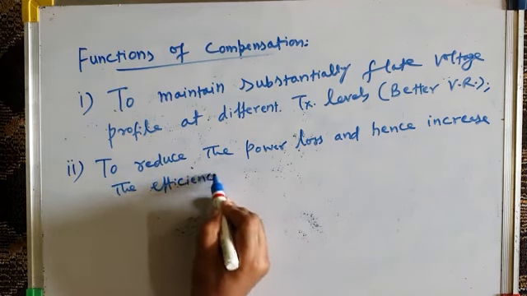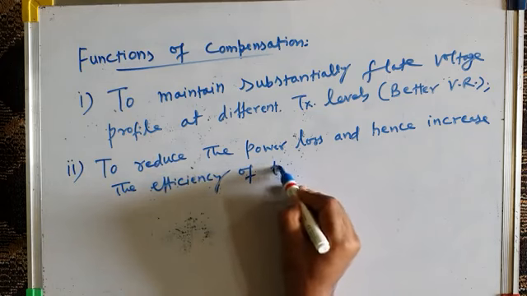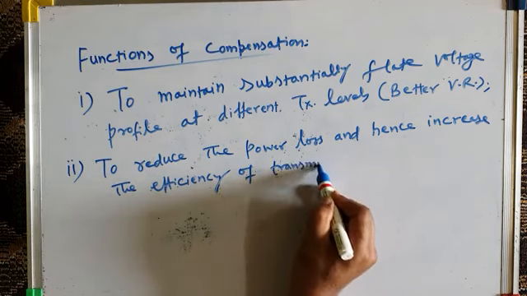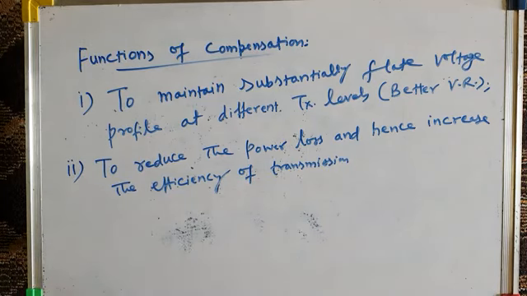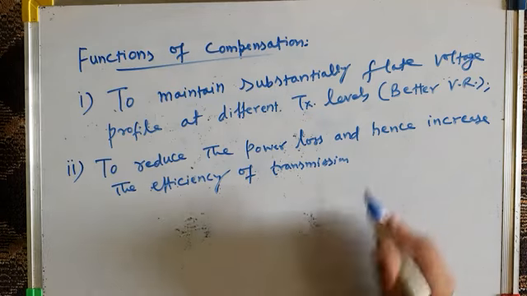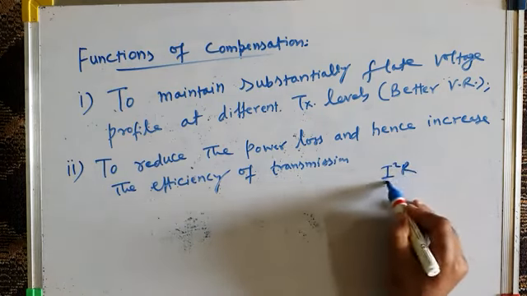It is very much clear, because without compensation, there are two components of power which are drawn by the load: active power and reactive power. The higher the reactive power, the more will be the reactive power drop, and the more will be the active power drop. I square R will increase more and more.